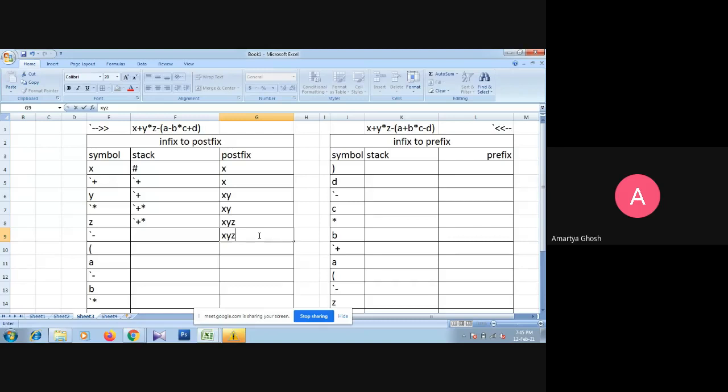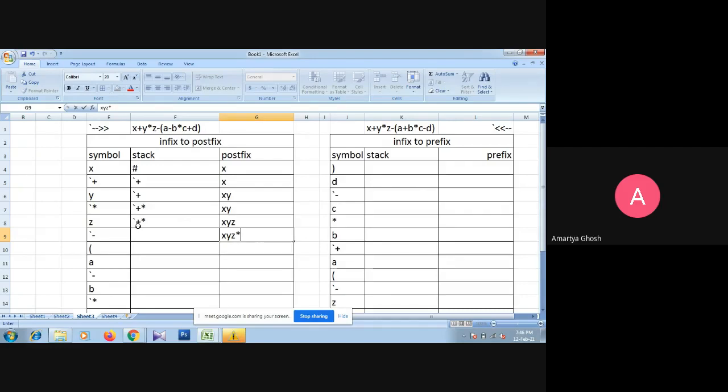x, y, z remain the same, and one element is popped out from the stack, that is star. So star will sit into the post position. So when any element is popped out from the stack, it will sit directly at the post position of the postfix. Clear? So first star comes out because of one pop. Then minus wants to sit over the plus.